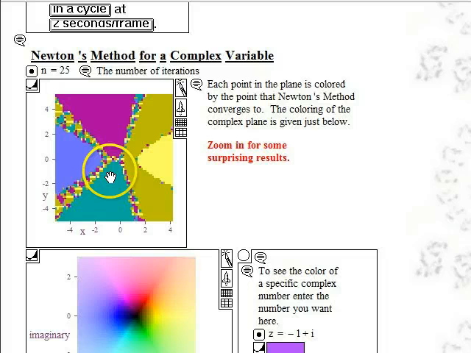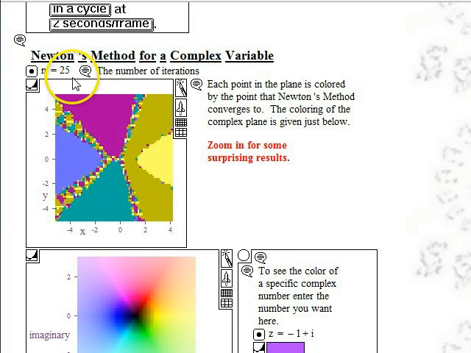Again, this graph is showing, for each location, a particular number, either real or complex. The real is straight through the middle here. Everything else has some imaginary piece to it. The color that appears at any point is the result of Newton's method.